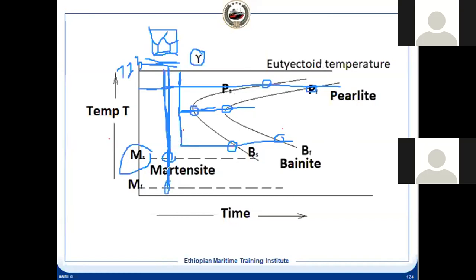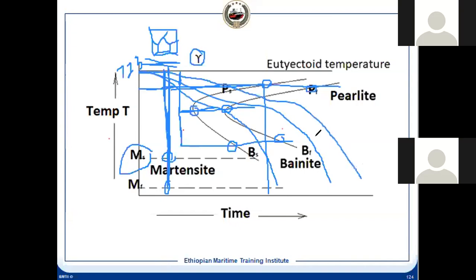If you want ductility, then we'll move this way and then cool it down. Usually we move like this. So depending on the rate of cooling, this will be one type of rate of cooling.